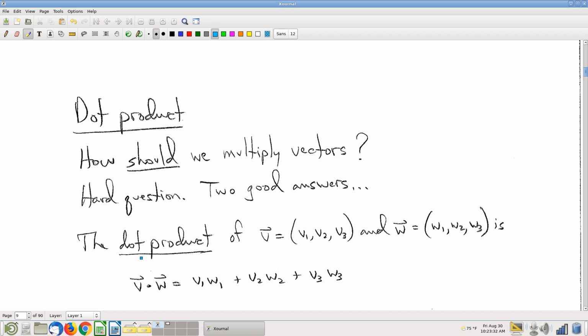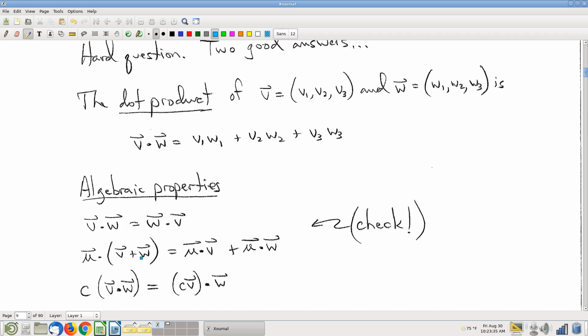Okay, all right, so what can we do with this? First thing I want to talk about are some algebraic properties. Now keep in mind, this is a brand new operation, dot product, that we're defining. We're using a familiar notation. That dot is sometimes used in algebra to mean times, right? So it's familiar notation. We're calling it a product. That sounds familiar. It's a familiar word. Right?